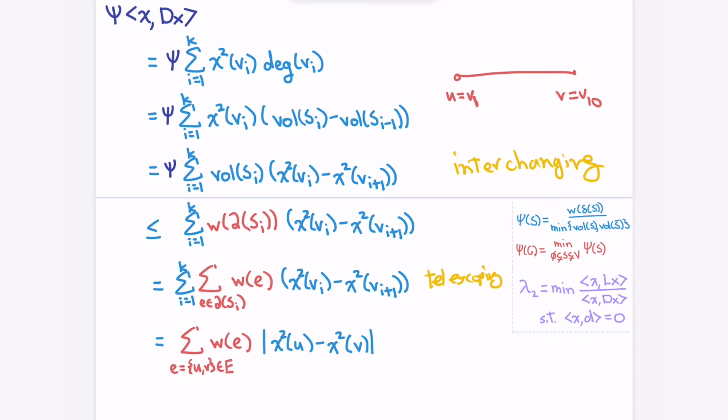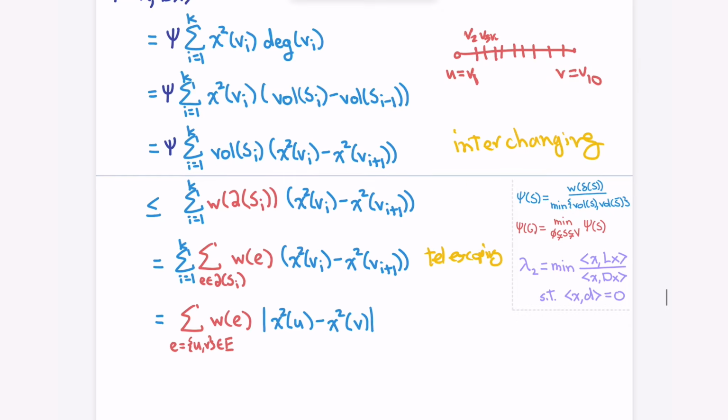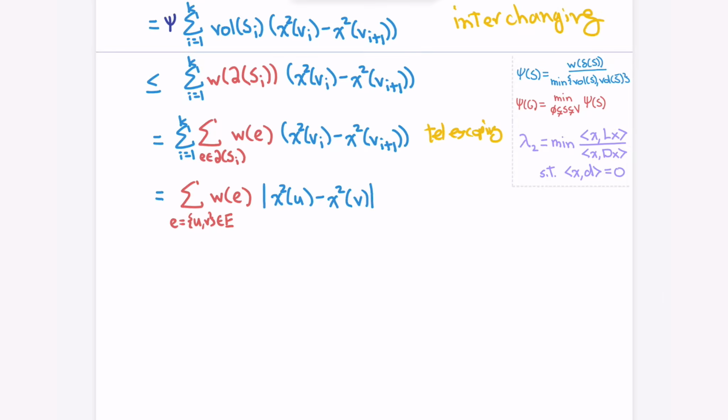But the weight of the edge appears for every consecutive pair in between it. I should in principle draw like 9 of these dashes, v2, v3, v4. So you're going to get all of those in-between segments, and then it's going to, alas, telescope. So we're making some progress.